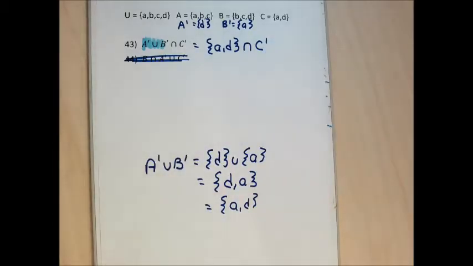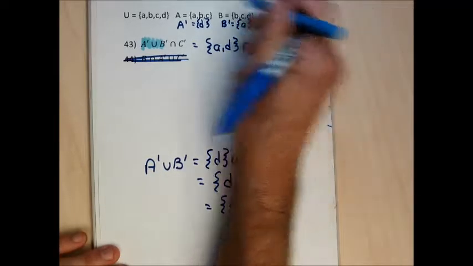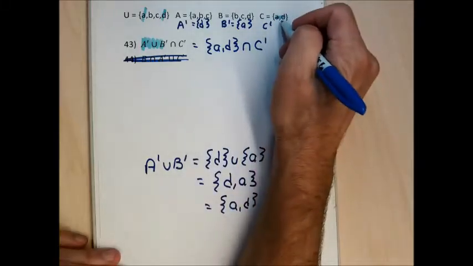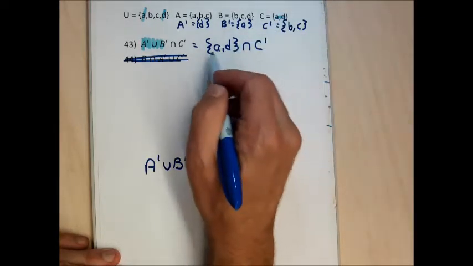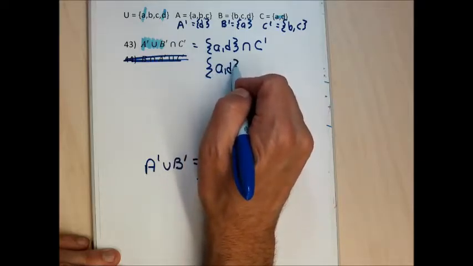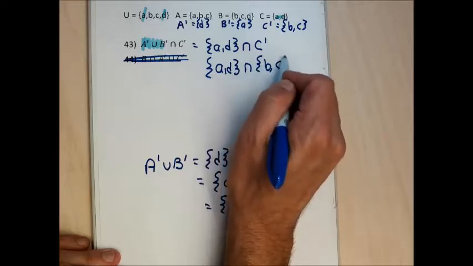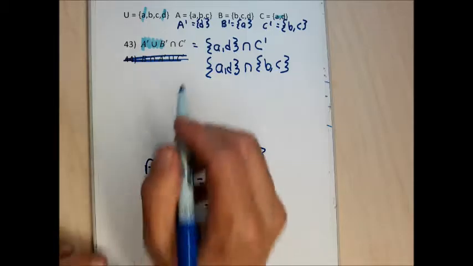And let me figure out what C complement is real quickly. C complement, I just take the A and the D from the universal set. I'm left with B and C. So what I need to do is take the first set that I figured out and intersect that with the second set, B and C. I need to find out what those sets have in common, and they don't have anything in common.